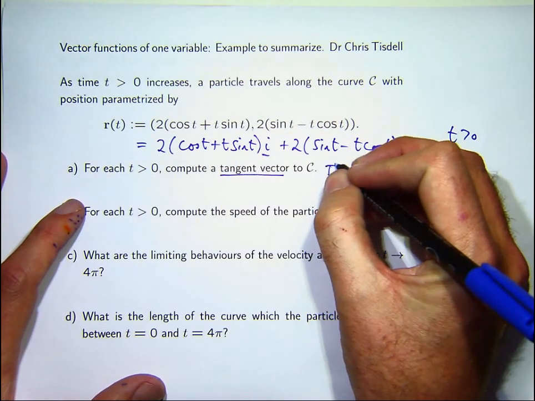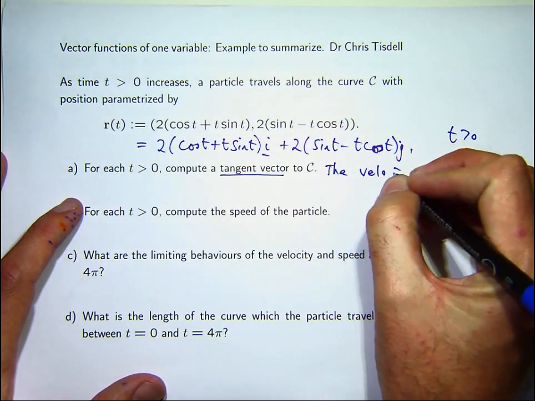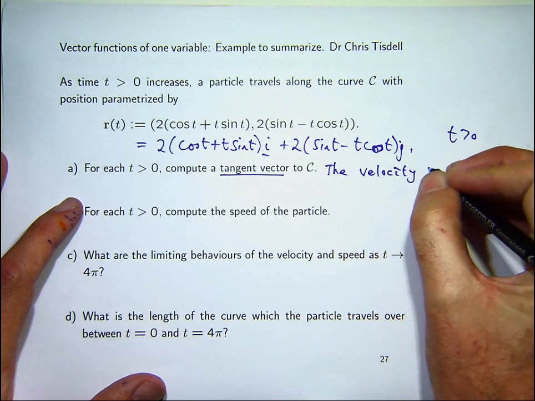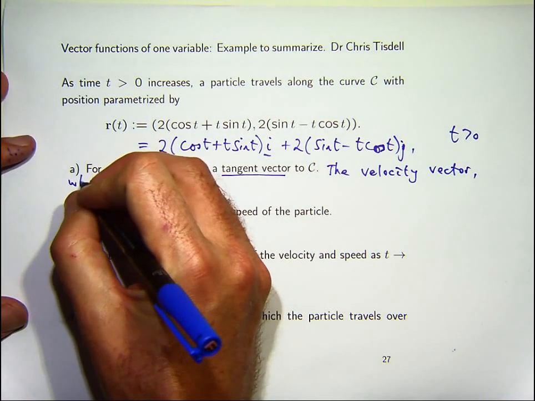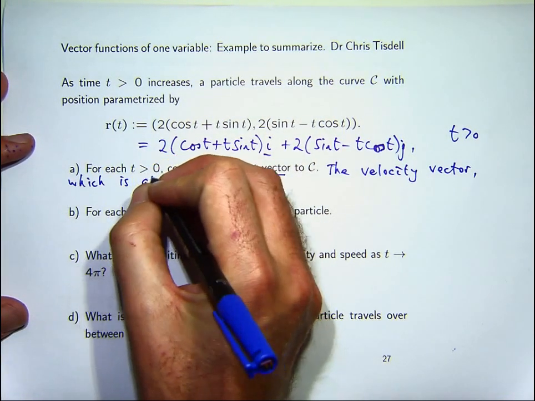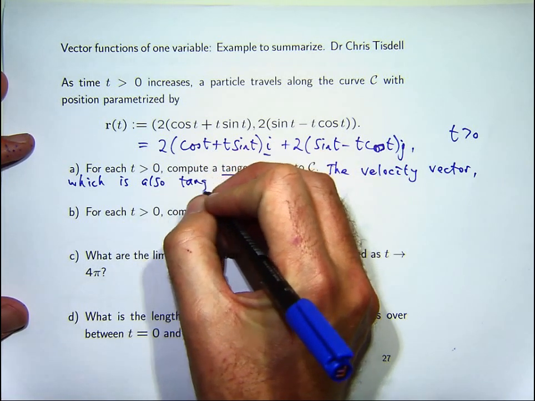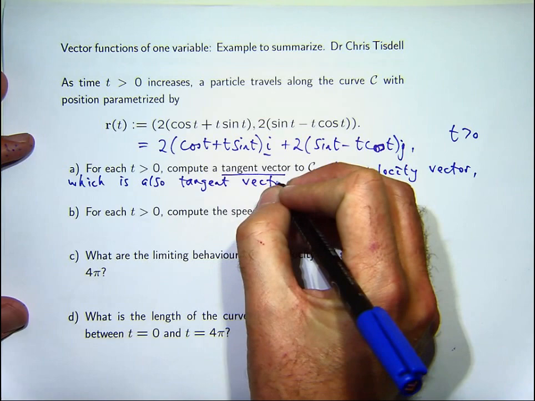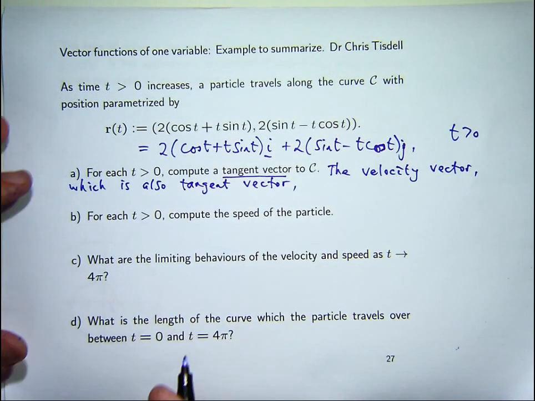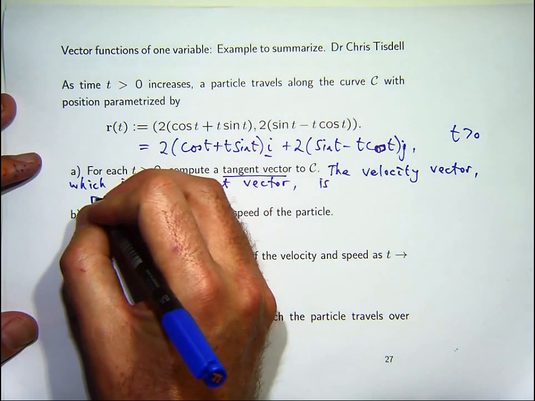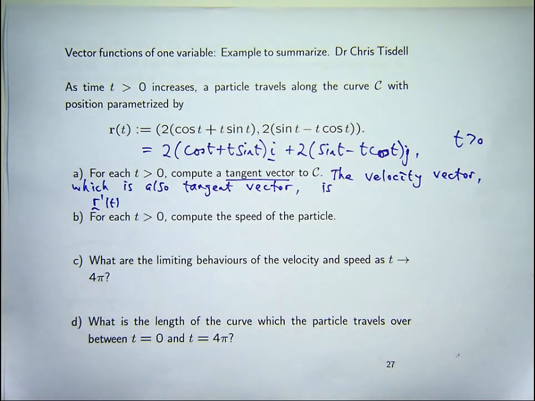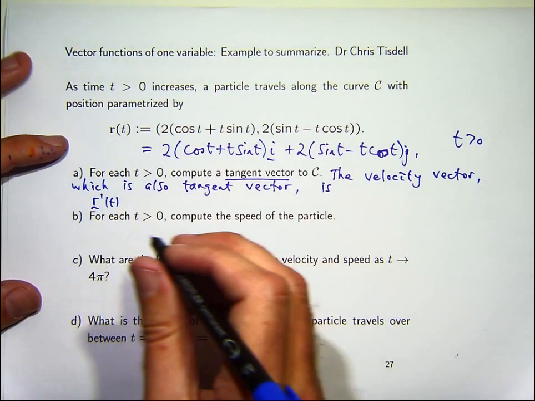The velocity vector, this will also be a tangent vector, is just the derivative of this vector valued function. By the dash I mean dr dt. So let's go to the component functions and differentiate them.